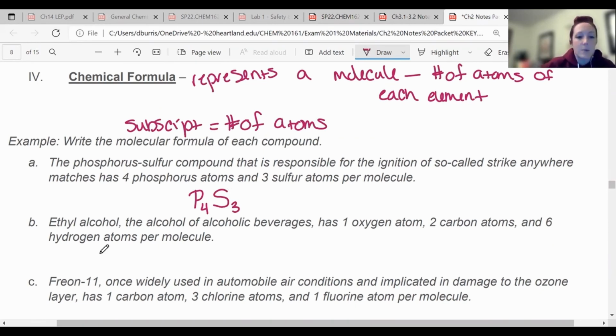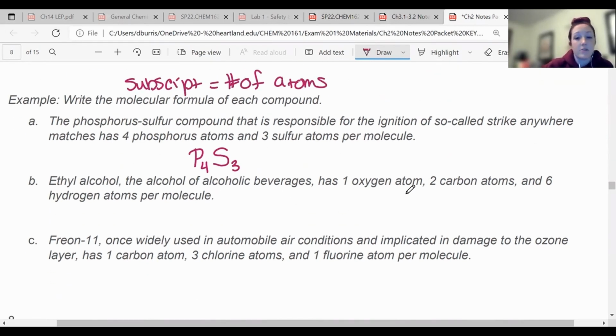Okay, I'm going to do the next one, ethyl alcohol. The alcohol of alcoholic beverages has 1 oxygen atom, 2 carbons, and 6 hydrogens. Technically, it does not matter what order you put these in. If you just want to list them in the order they are given, that's fine. Usually, carbon is listed first, then hydrogen, then oxygen. That's just an organic thing to do.